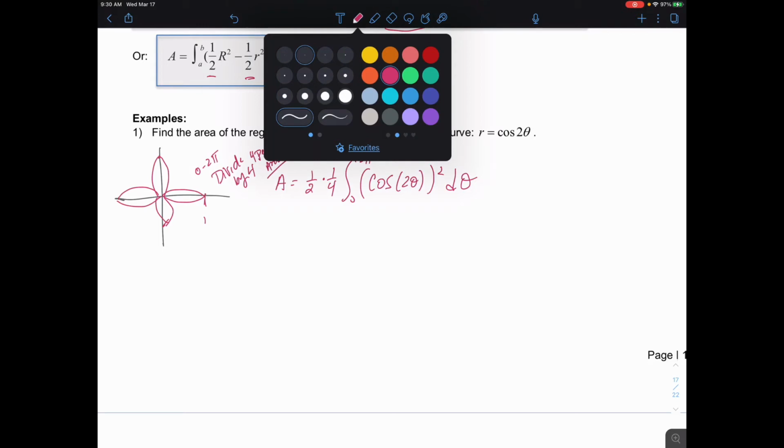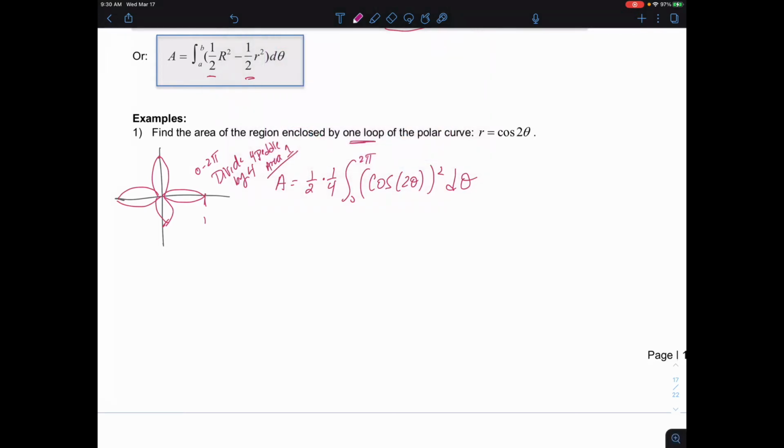Let's go ahead and do a little algebra here. So 1/8, I have cosine squared, right? And we're going to change our cosine squared into a regular cosine so we can integrate that, because I don't have a square root or anything. So that's going to be 1 plus cosine of 2 theta, and I already have a 2 theta, so that's 4 theta. And it's 1/2 times that, right?